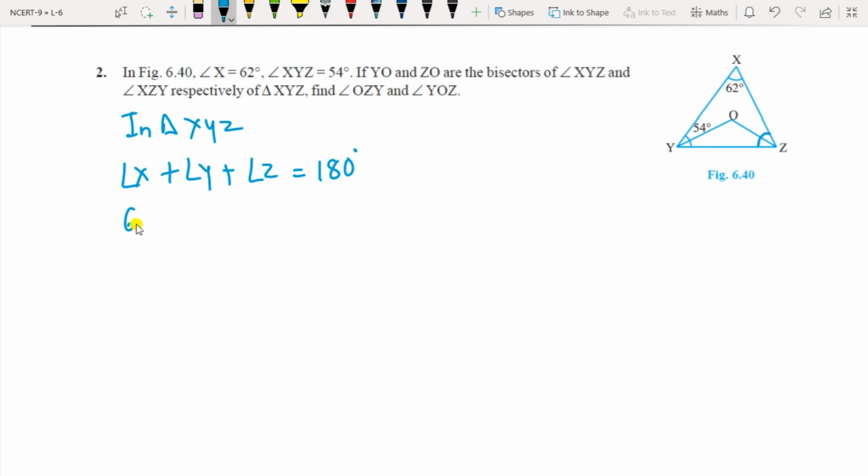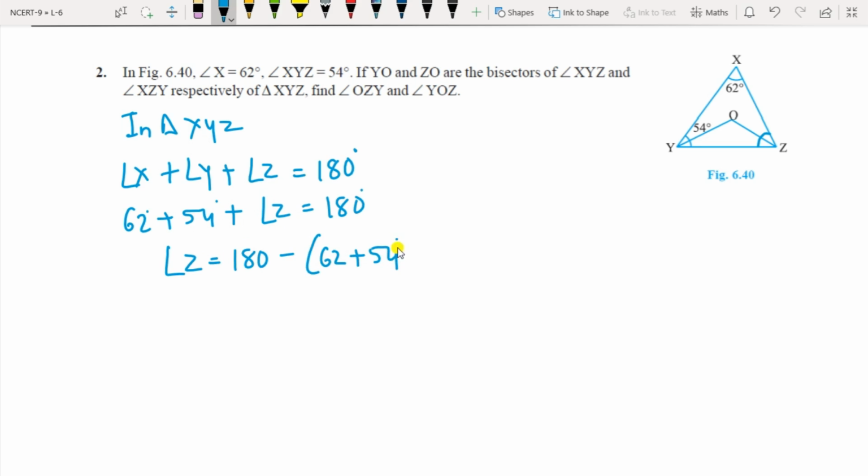X is 62 here, Y is 54 plus angle Z equal to 180. So angle Z is equal to 180 minus 62 plus 54. So that will be equal to 180 minus 116, that will be equal to 64 degrees. So angle Z is here 64 degrees.